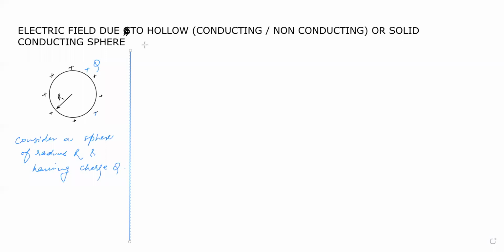The first one is outside. We are going to calculate electric field outside of the sphere. To calculate the electric field outside, first we are going to draw the diagram of this sphere like this, having radius capital R. This is your radius of the sphere.